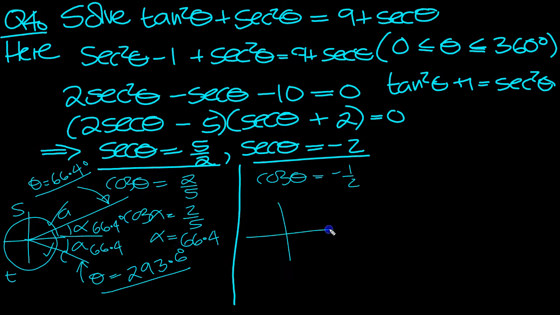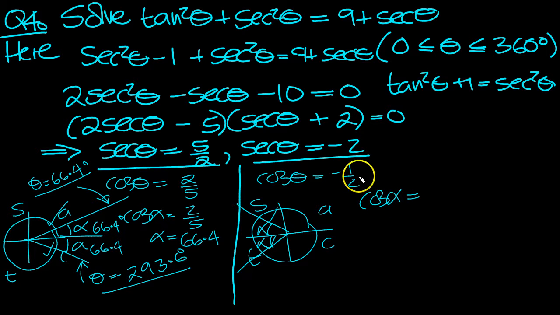The other one here, again let's draw a circle. Right, CAST. Cos is negative, it's positive here and here, so it's negative there and there. So here's our two lines and here's our associated acute angle to the horizontal, and we simply write cos alpha equals, drop the negative, a half. Cos of 60 is a half, isn't it?